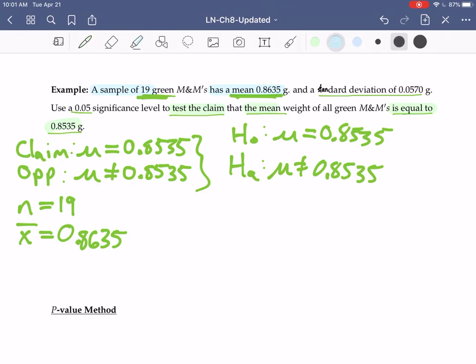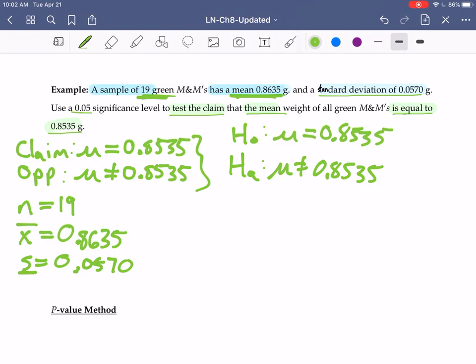We also have in that sentence a standard deviation of 0.0570. So our standard deviation, s, is 0.0570.